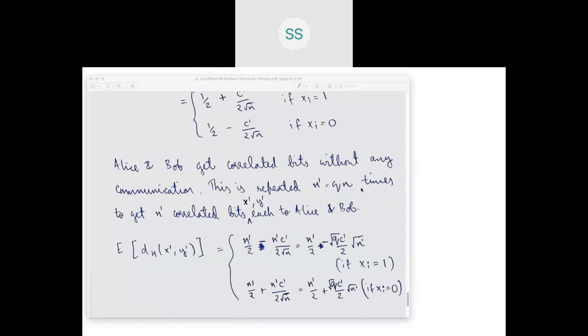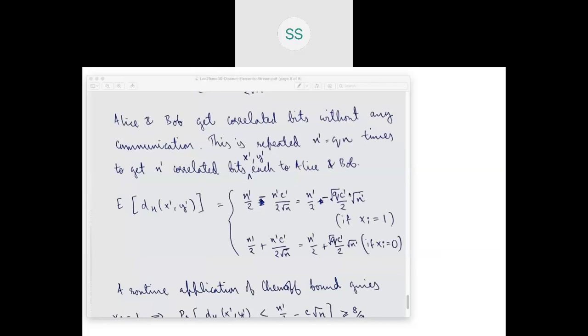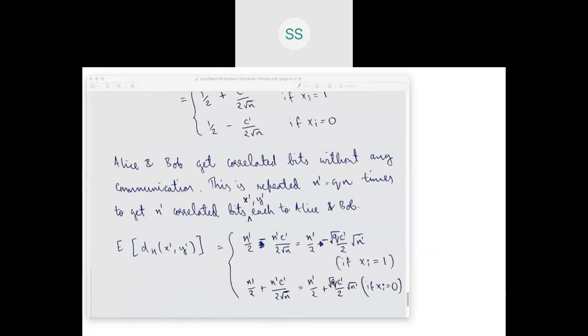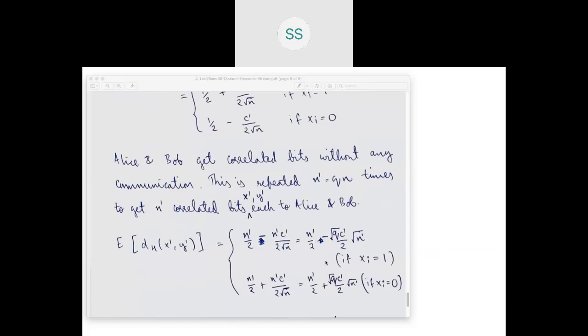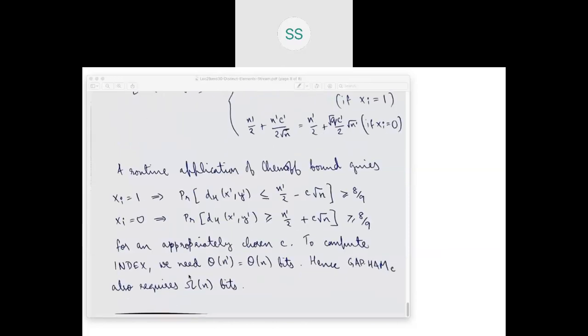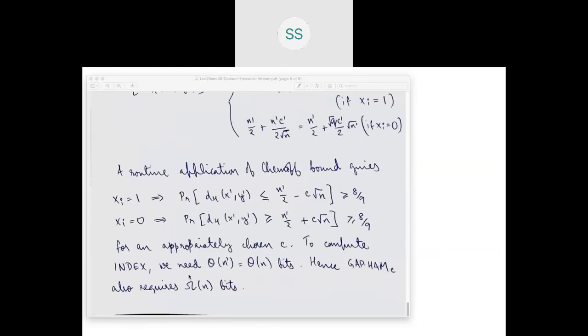So qn times n is qn squared random bits, and they get a value slightly deviated from half, but by constructing a bigger instance, they are ensuring further separation from the expectation n prime by 2, and an application of Chernoff bound gives us that with high probability, the Hamming distance is low when xi equal to 1 and high when xi equal to 0, and that completes the reduction from index.